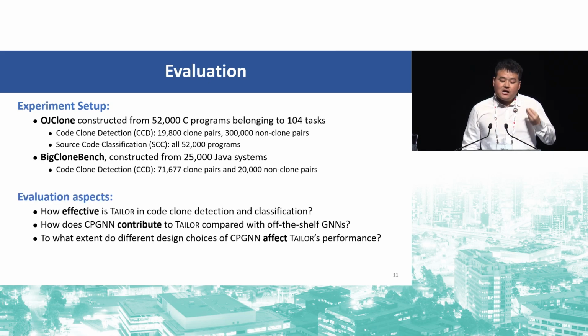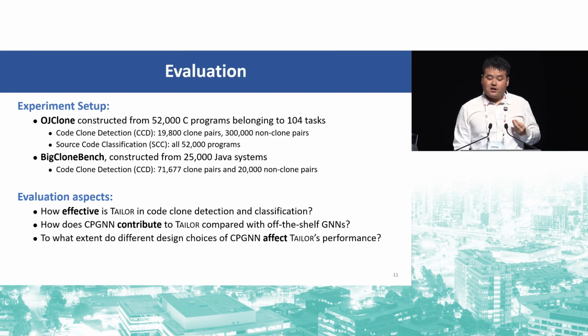To evaluate Taylor, we answer the following research questions. First, how effective is Taylor in code clone detection and classification? Second, how does CPGNN contribute to Taylor compared with off-the-shelf GNNs? Third, to what extent do different design choices of CPGNN affect Taylor's performance?